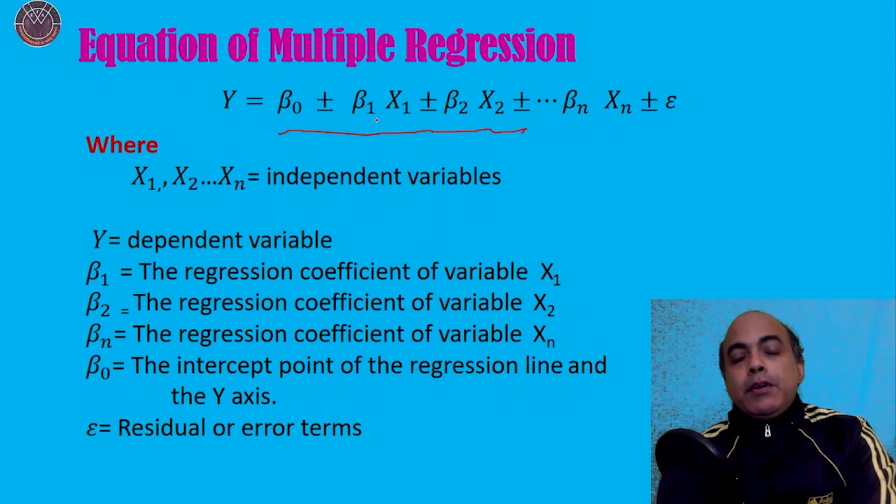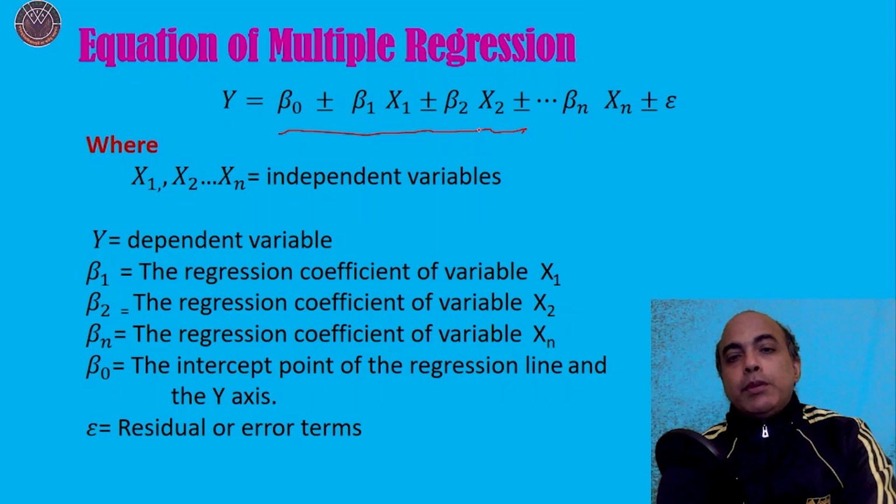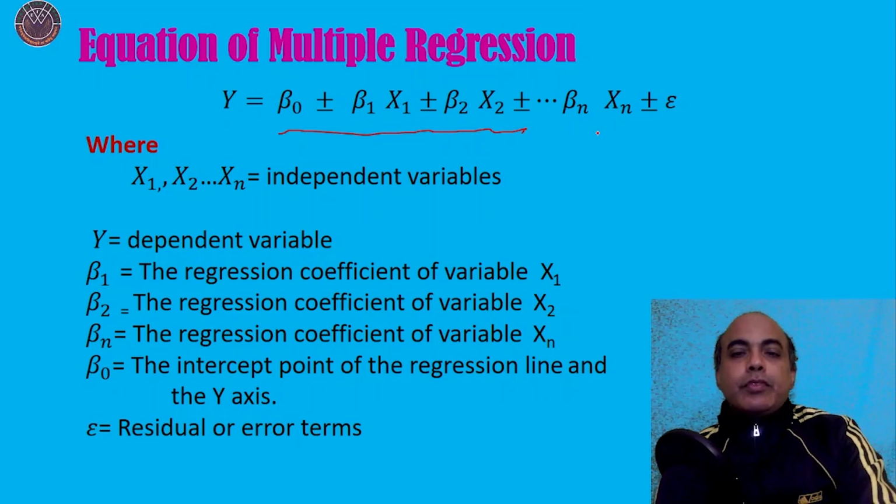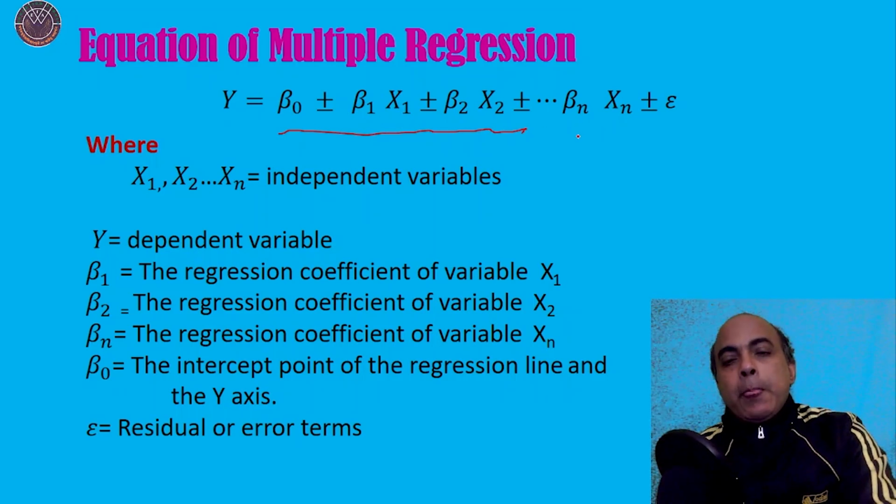Because multiple independent variables are involved, multiple beta coefficients are there. For x1 there is beta 1, for x2 beta 2. So if n independent variables are there, n beta coefficients will be there, including beta 0, which is the intercept point of the regression line on the y axis, and epsilon is the error term.